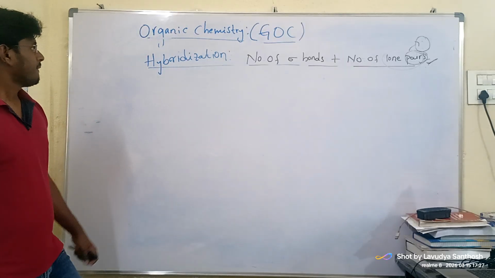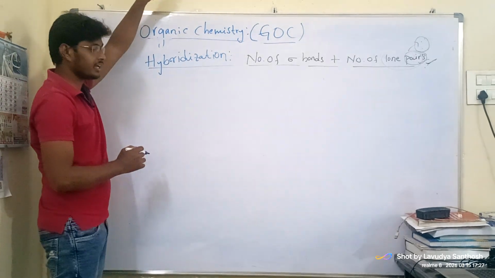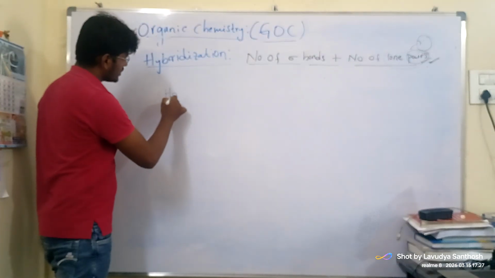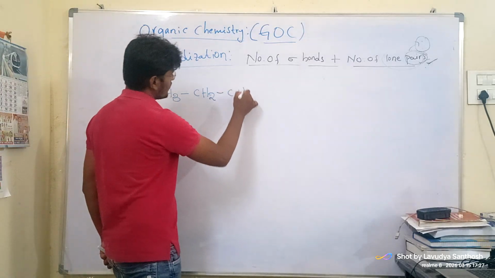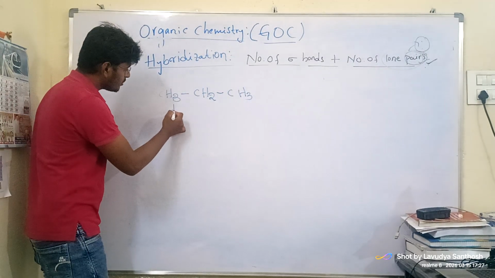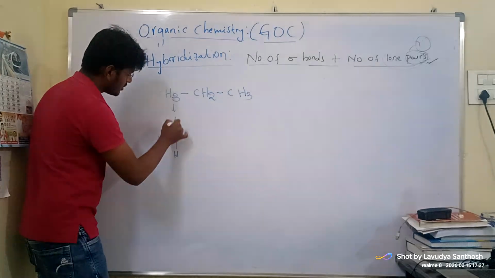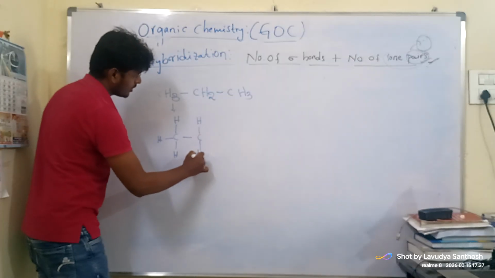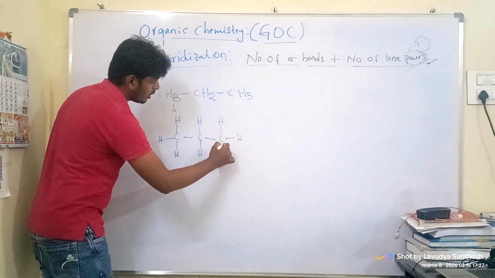Hope you are understanding this, and now we take the example CH3, CH2, CH3. Can you tell me the hybridization of this? What is our concept?